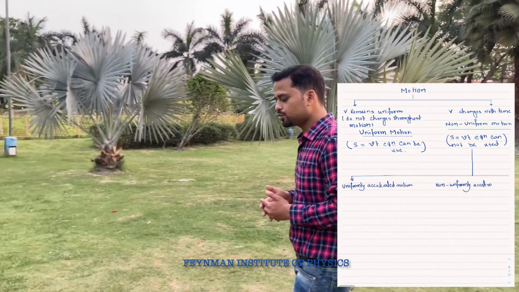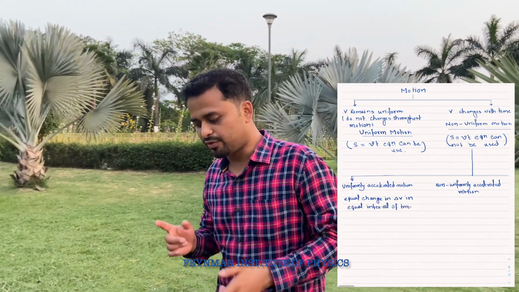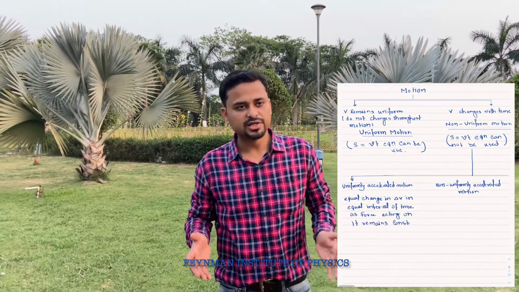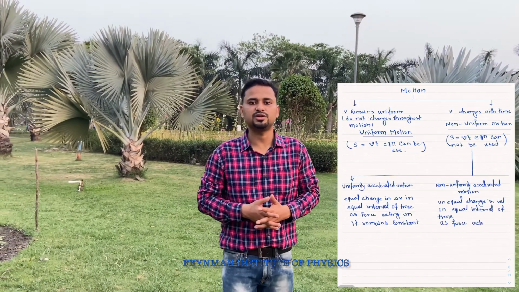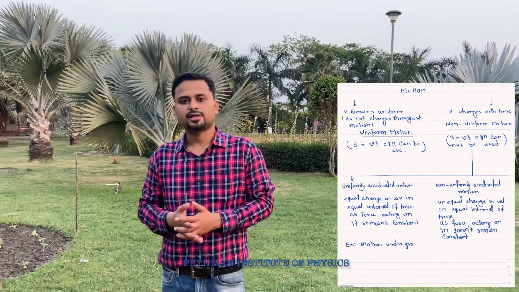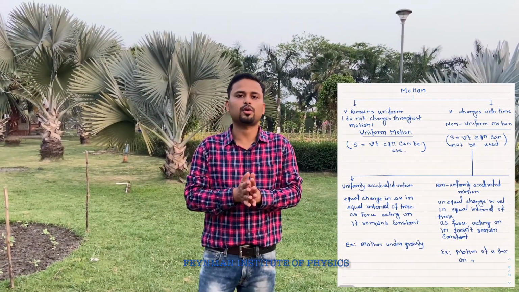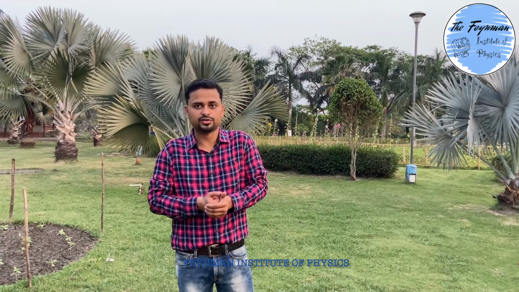Also, this non-uniform motion can be further subdivided into two categories. The first one is uniformly accelerated motion, and the second one is non-uniformly accelerated motion. And we simply cannot use the formula V is equal to delta x by t in that case, because it is not a uniform motion.